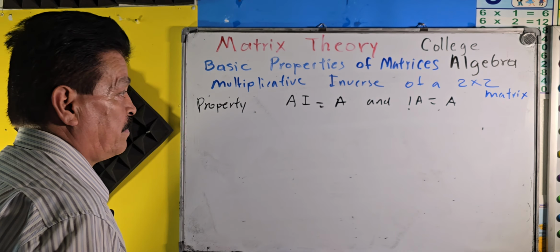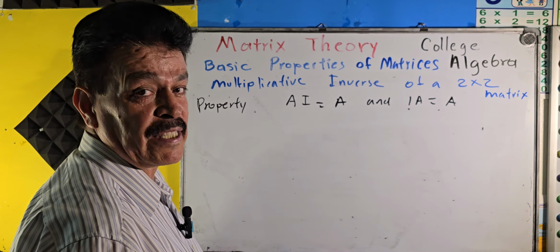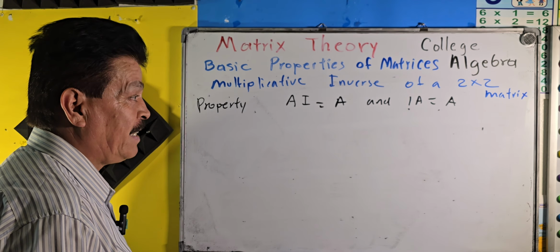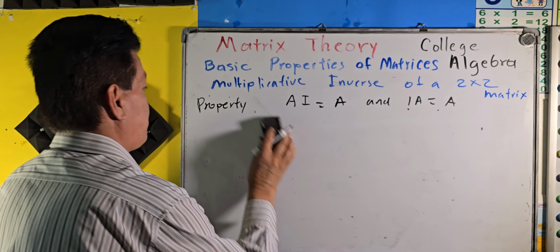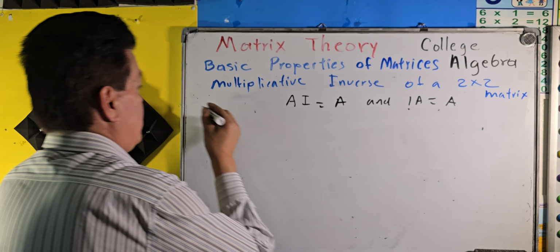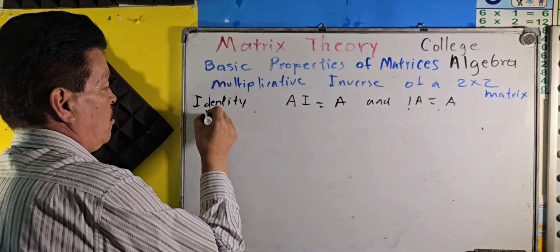Both are the same. This is some property. Compare this product statement of the identity property. This is the identity property.